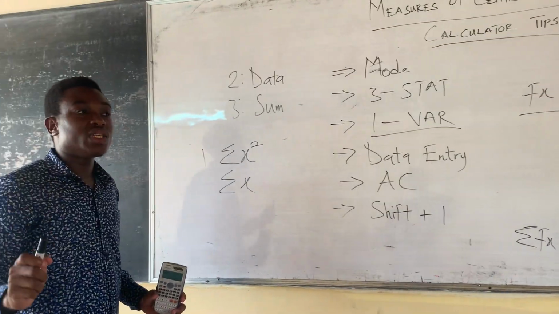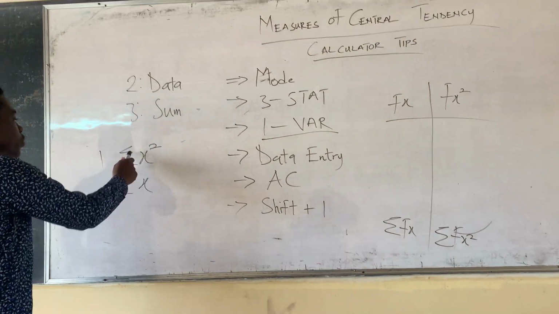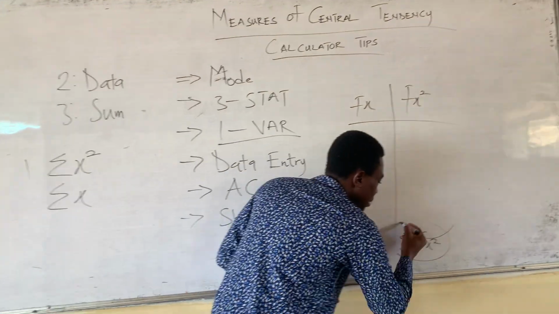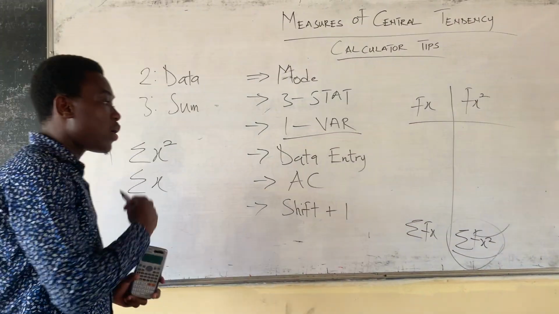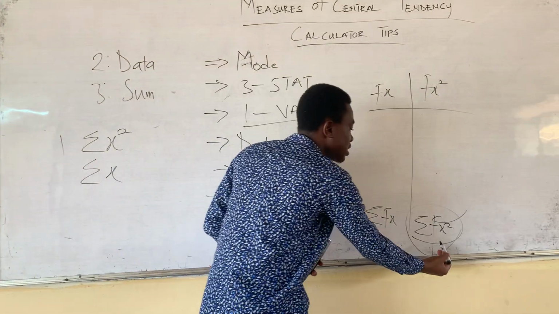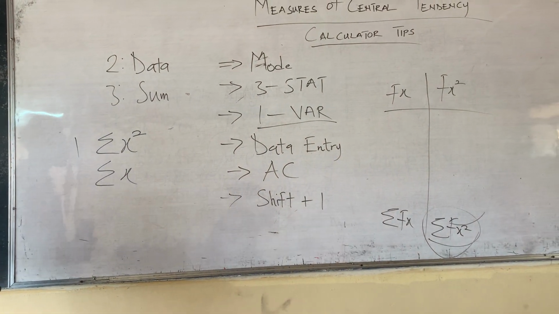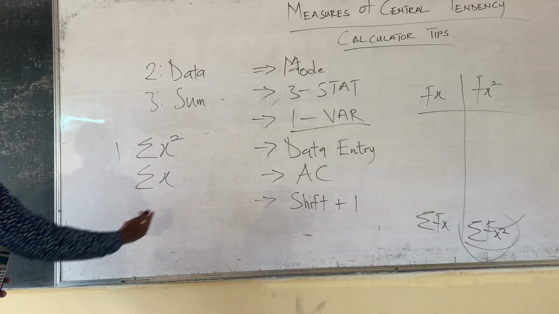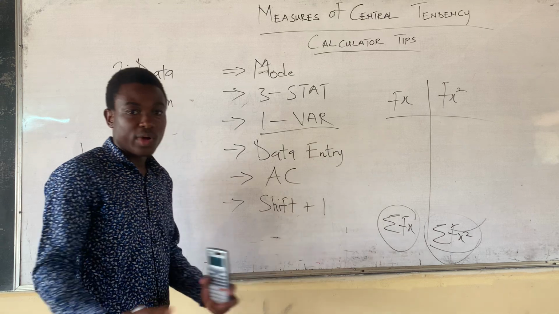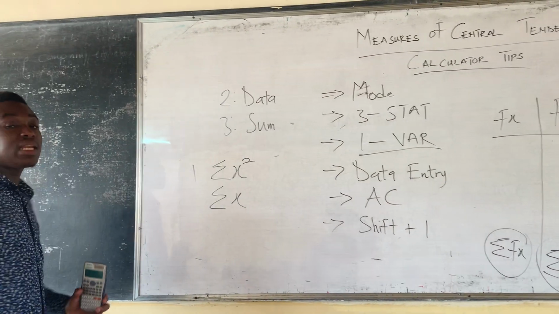So the third option, which is sum, that is what it does. The first one, summation x squared, is in actual fact summation fx squared. So in the calculator it is summation x squared, but in solving it manually it is summation fx squared. Then there is summation x. Summation x on the calculator is summation fx when you are solving manually by yourself. So that's what the sum does.